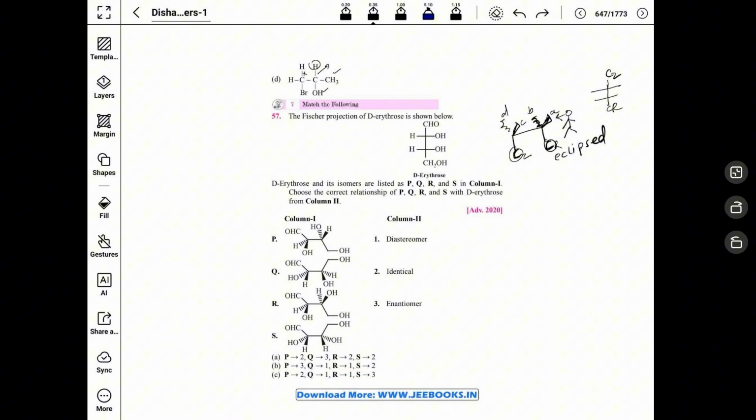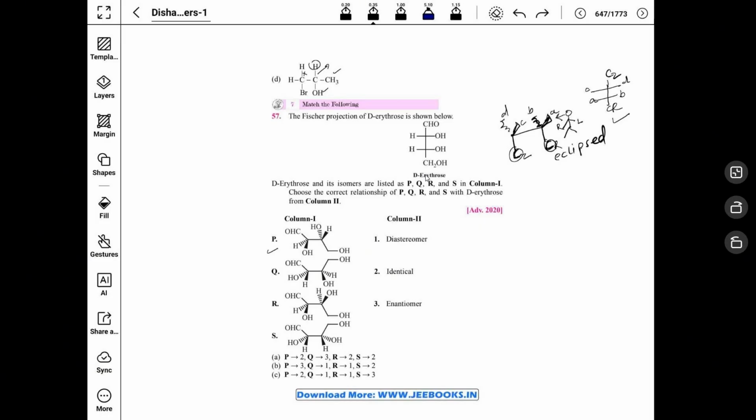You are seeing from here, so this is your left hand, this is your right hand. So group A on CR is coming on your left side, and the group on this CZ carbon, C is on the left side and D is on the right side. So this is the Fischer projection.